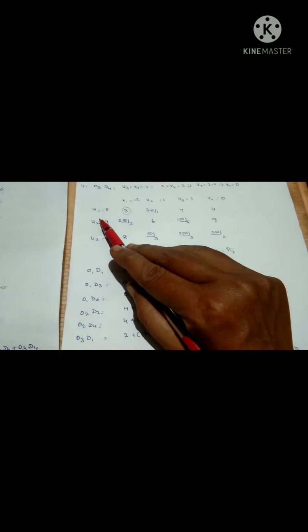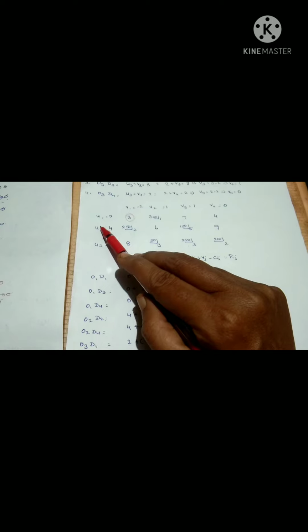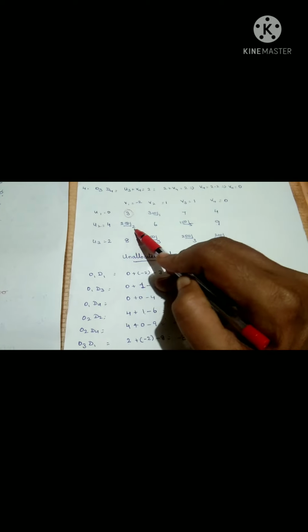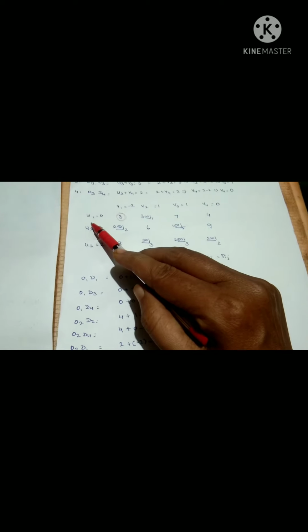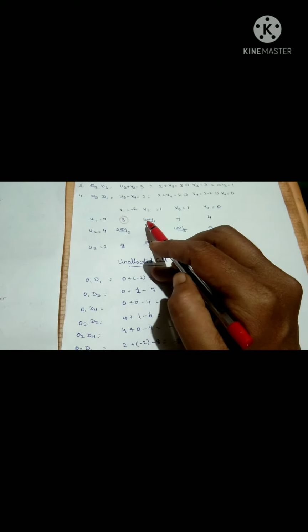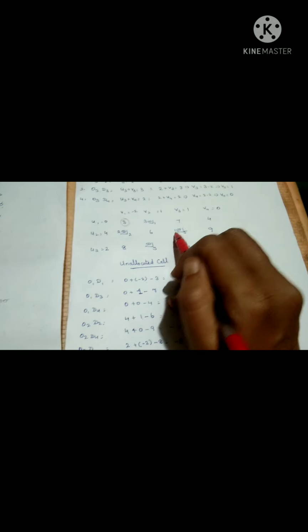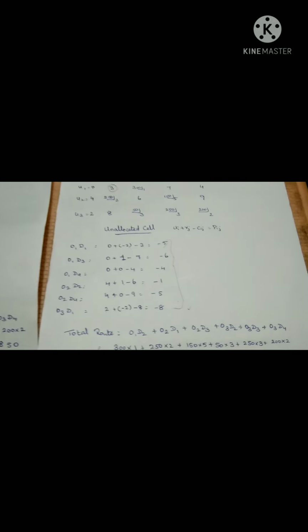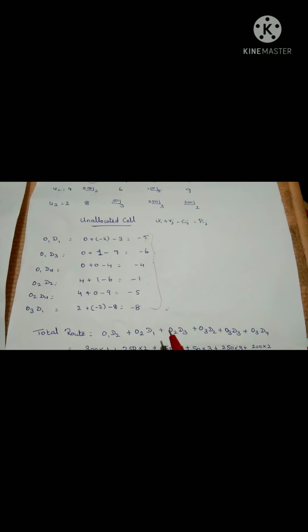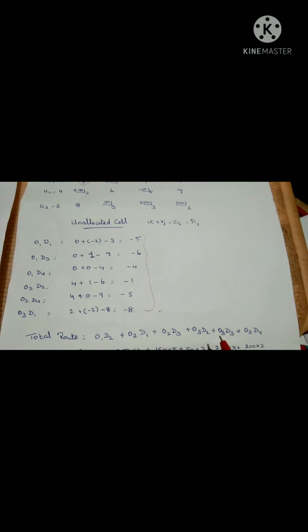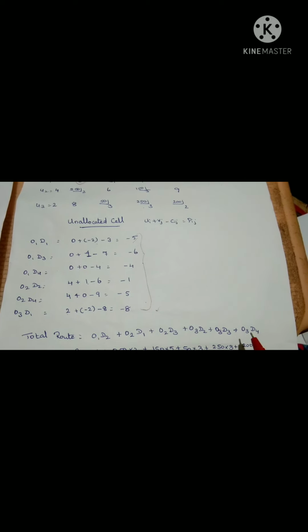The next thing is we need to find out the total cost. That is how I am going to find the total cost: O2 D1, because only there I had allocated, plus O1 D2 plus O2 D4. Like this I had allocated O1 D2, O2 D1, O2 D3, O3 D2, O3 D3 plus O3 D4.